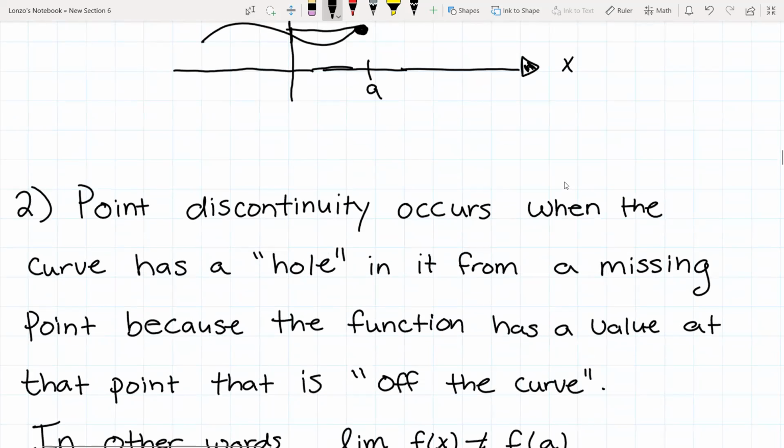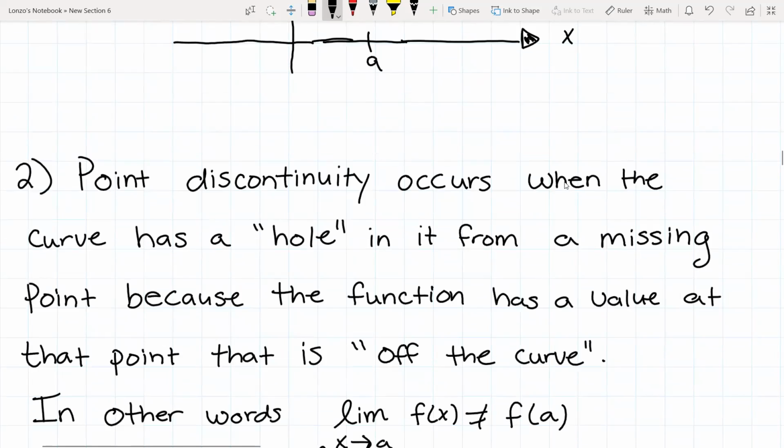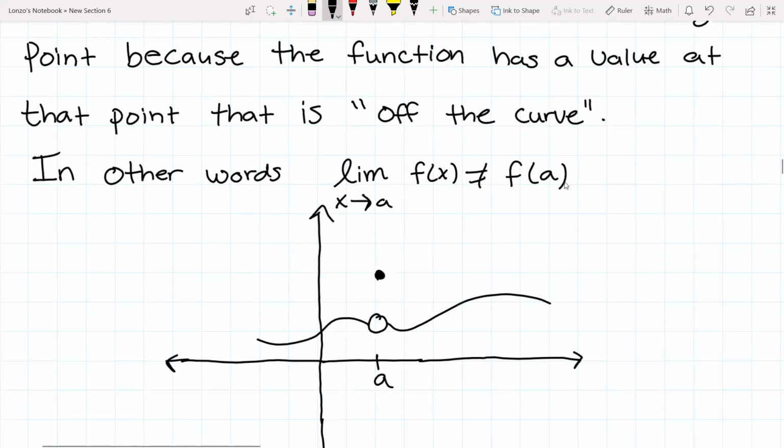Okay, the other one is point discontinuity. It occurs when the curve has a hole in it from a missing point, because the function has a value at that point that is off the curve. In other words, the limit as x approaches a of f of x does not equal f of a.